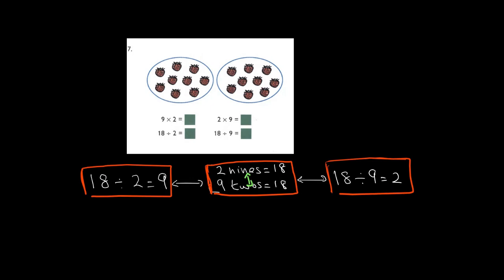So you can see all four statements, 9 twos are 18, 2 nines are 18, 18 divided by 2 is 9, and 18 divided by 9 is 2, are actually saying the same thing. This comes through a lot of repeated discussion of the meanings of multiplication and division, and being able to see that division has two interpretations, and the commutative law of multiplication allows you to go between 18 divided by 2 is 9, and 18 divided by 9 is equal to 2.